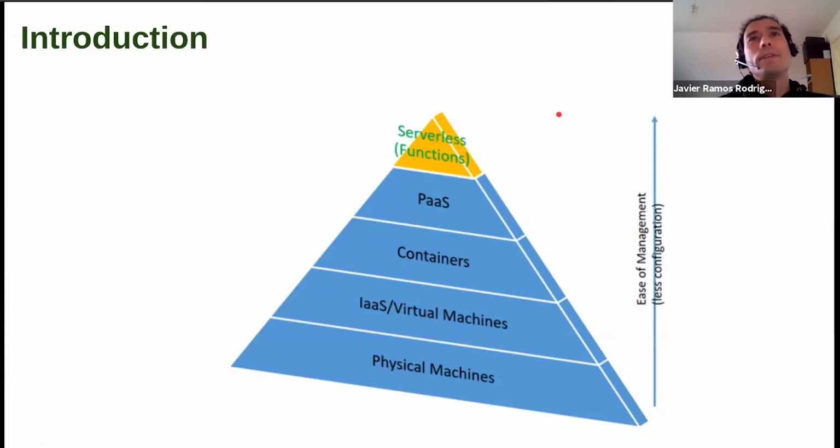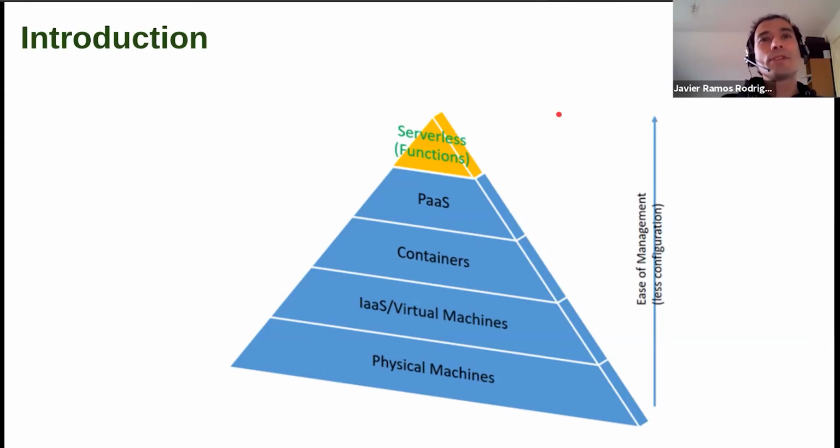And then you have platform as a service offerings, where each cloud provider has its own type, so you'll be familiar with one. And then the next level is serverless. Serverless sits at the same level as platform as a service, but it's more event-driven.